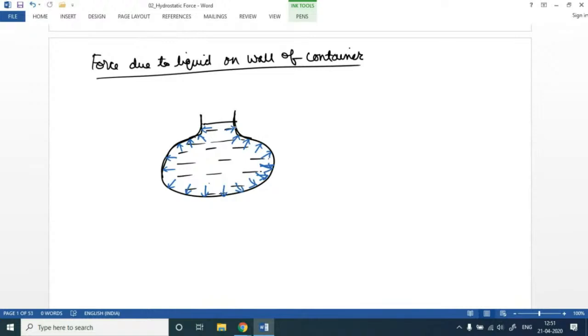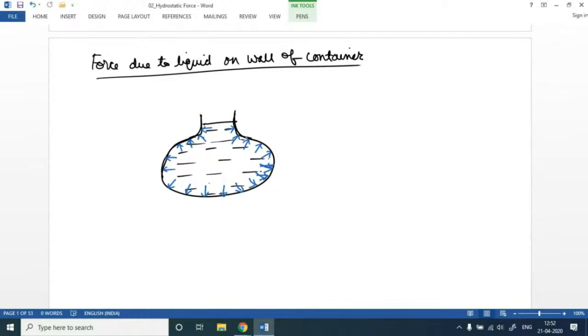Obviously, if we consider the force balance on the liquid itself, the liquid is in equilibrium. So the container wall must be pressing the liquid from all around, like this. These arrows I have drawn are the force exerted by the liquid on the container. Equal and opposite forces at every point will be exerted by the container on the liquid.